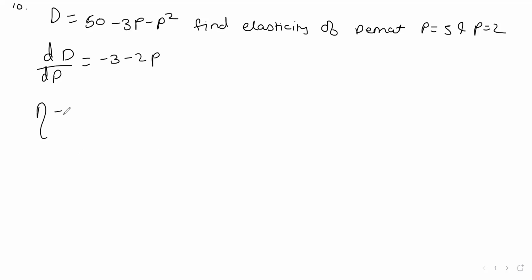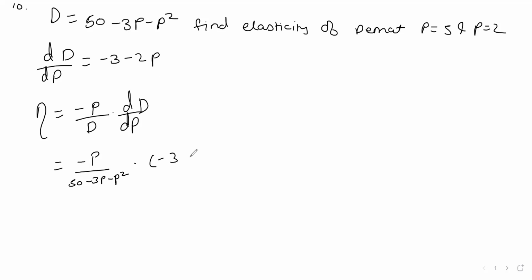So what will the elasticity be? Minus P/D into d/dP of D. This is minus P, D is this 50 minus 3P minus P square, into (minus 3 minus 2P).